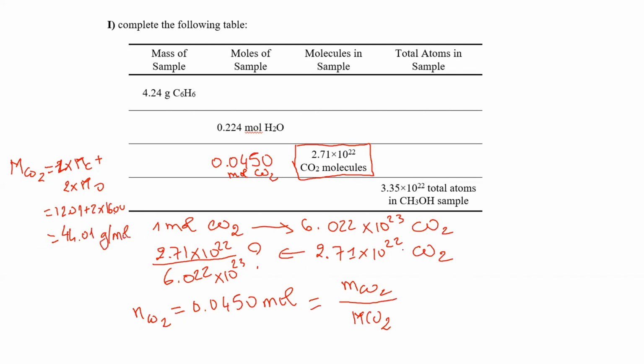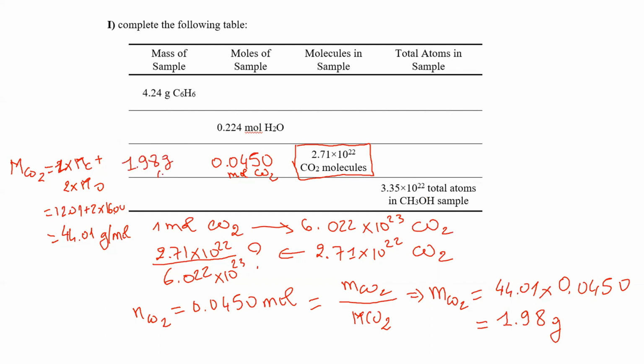So we can deduce back here the mass of CO2, which is equal to the molar mass of CO2, 44.01, times the number of mole of CO2, 0.0450. 3 significant figures, 4 significant figures. The result should have 3 significant figures. And if you calculate it, it is 1.98 gram. So at the beginning, we have 1.98 gram of CO2.